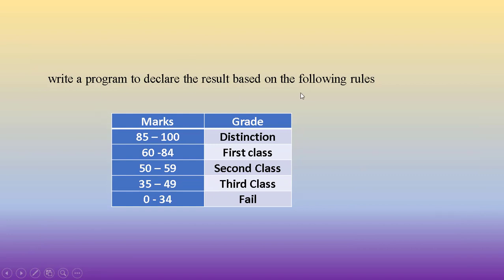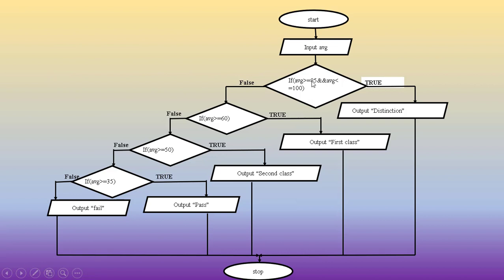Here is a program to check the result of a student: marks 85 to 100 distinction, 60 to 84 first class, 50 to 59 second class, 35 to 49 third class, 0 to 34 fail. Based on the condition we are going to check whether the student has got distinction, first class, second class, pass or fail. What is the condition for distinction?